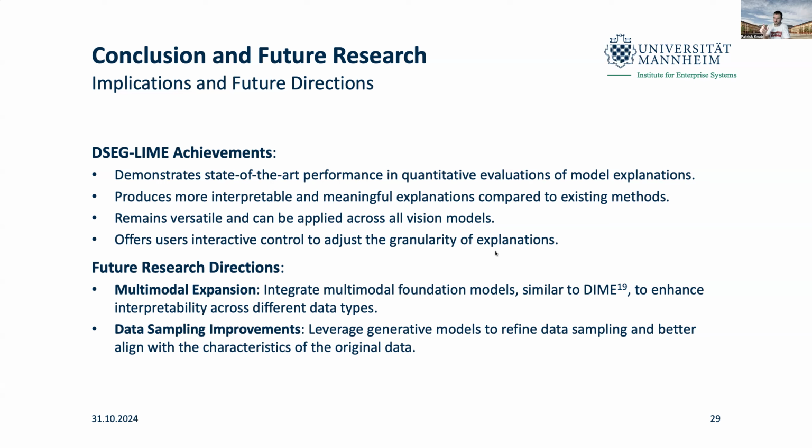However, this is not good for proximity because if we are looking at the sampled images and the original image, we see great differences. So that's the reason why we have some issues with locality and fidelity. So one idea would be to use generative models to improve this sampling process by utilizing their strengths.